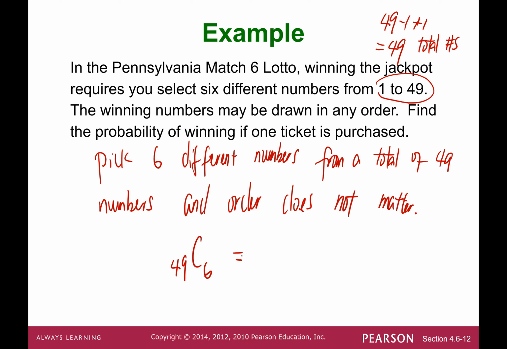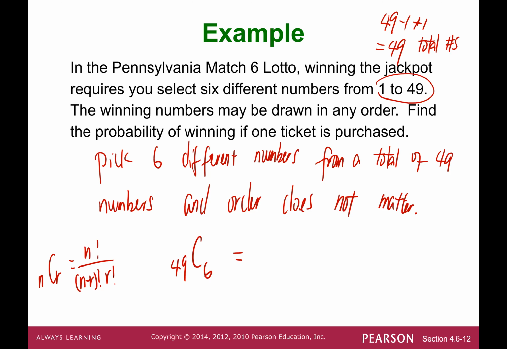And if you apply the formula, nCr is n factorial over (n minus r) factorial times r factorial. So basically here n is 49, so 49 factorial over (49 minus 6) factorial times 6 factorial.